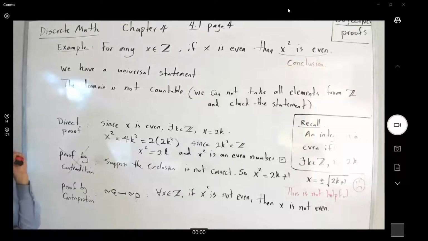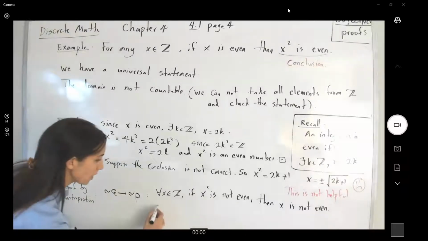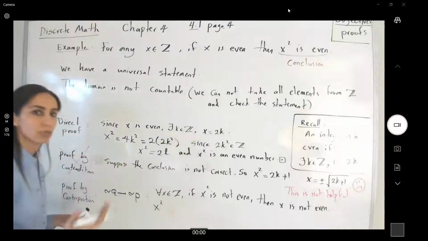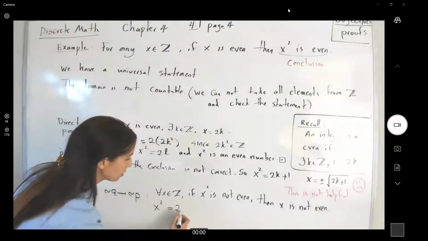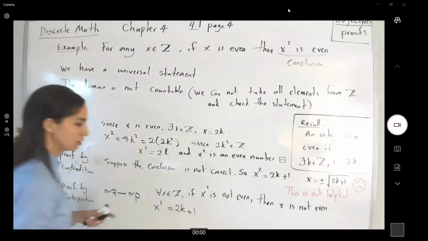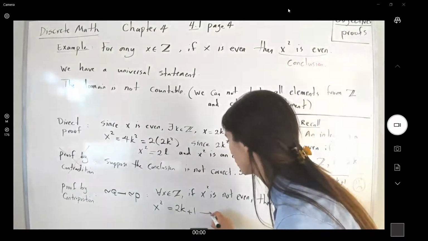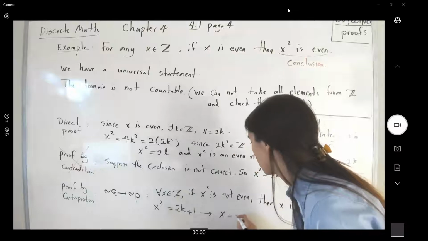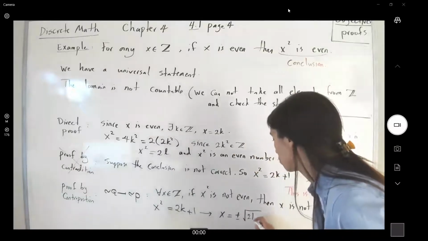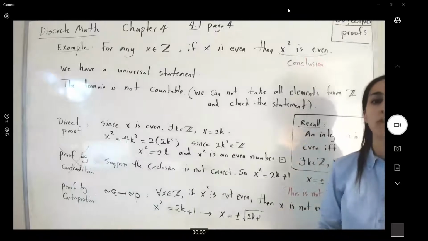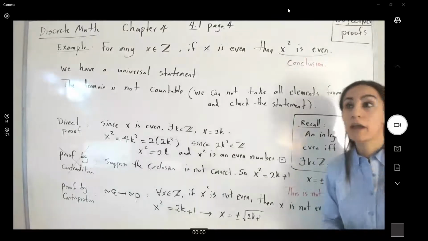If x squared is not even, then x is not even. So let me try direct proof. x squared is not even. What's the meaning of that? It means that x squared is 2k plus 1. So if x squared is equal to 2k plus 1, again, if I get rid of the exponent 2, x is plus minus square root of 2k plus 1. Again, I ended up with a square root, and I don't know if I have a rational number or integer.